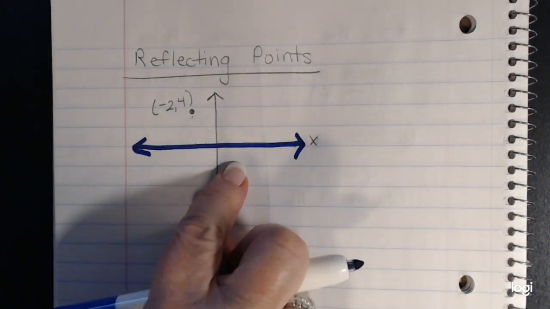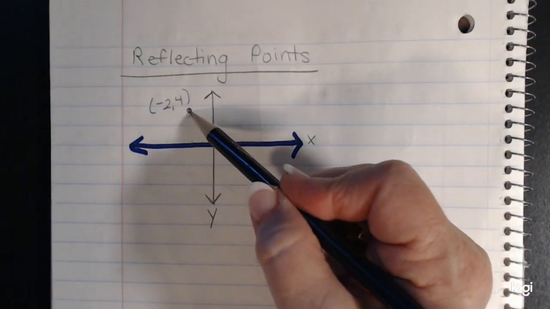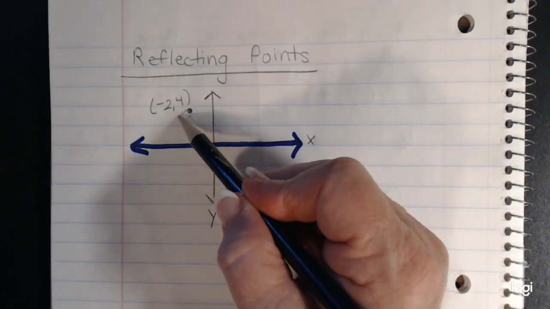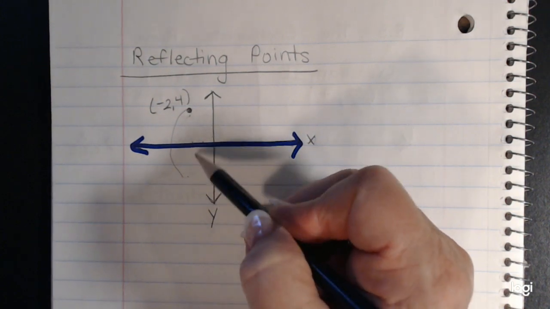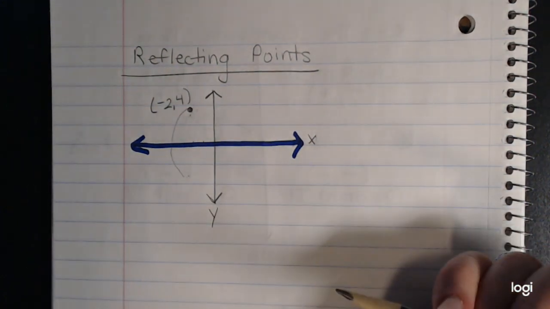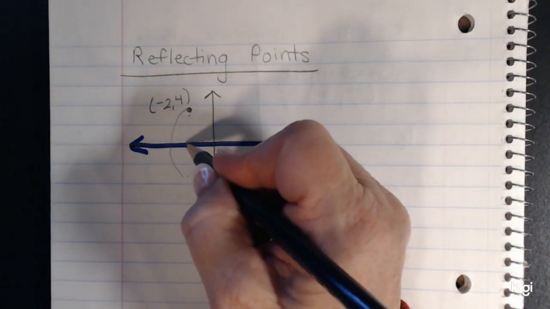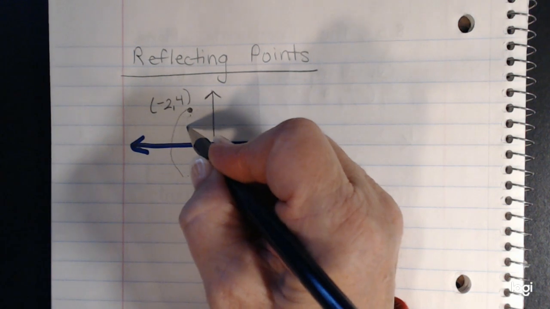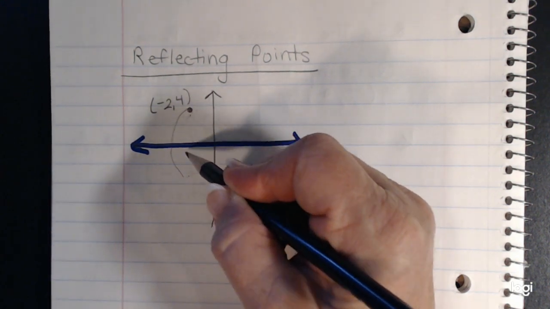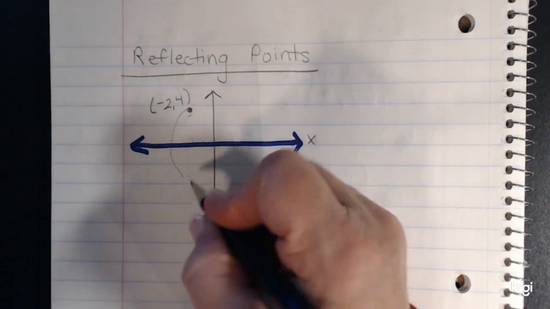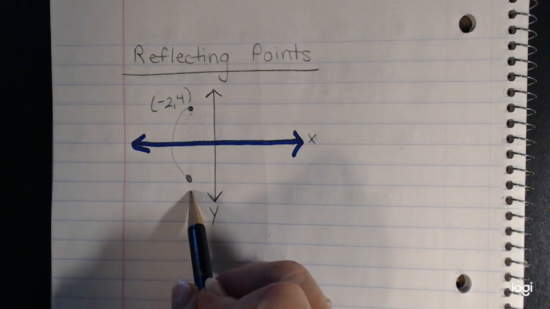So that is the x-axis, and that's the one we have to go over. If I'm going to reflect it over, that means I'm going to reflect it over here somewhere. However, if I'm reflecting it, it has to be the same distance. Well, if I went up 4 spots, 1, 2, 3, 4, that means here I have to go down 4. 1, 2, 3, 4, approximately right there would be my reflected point.